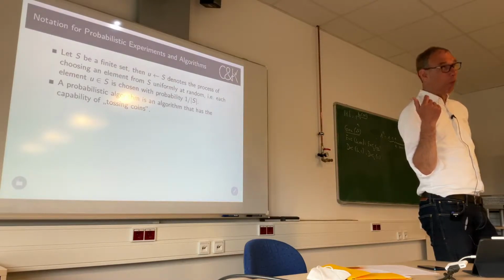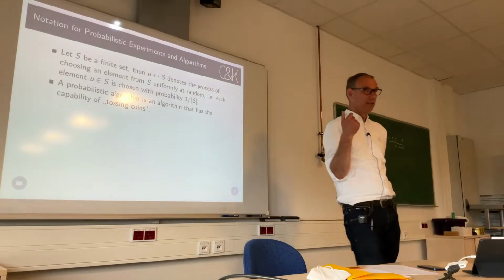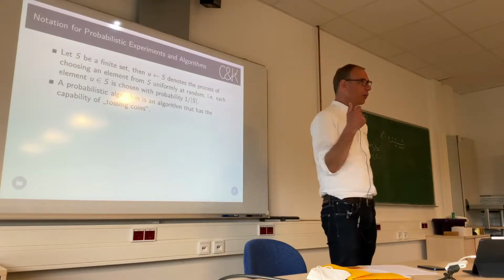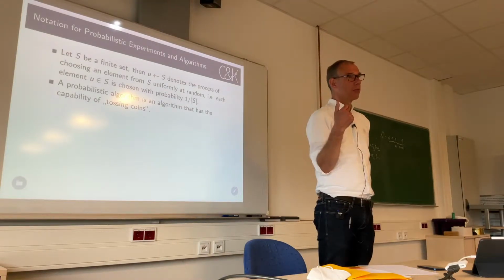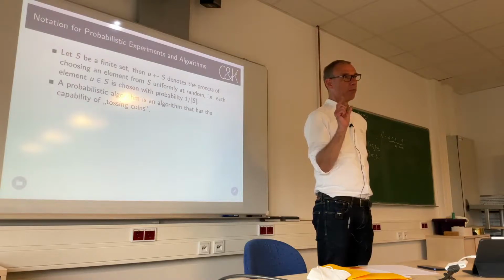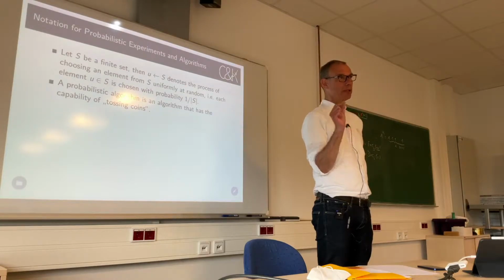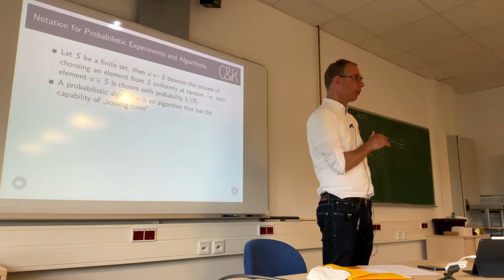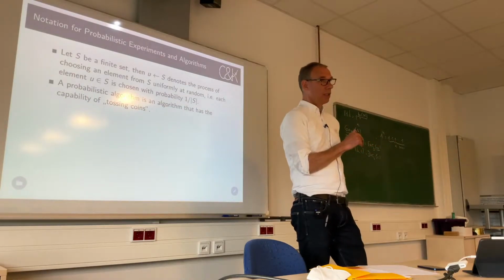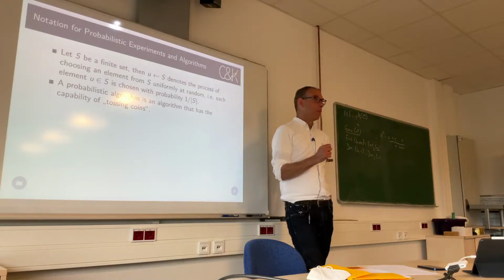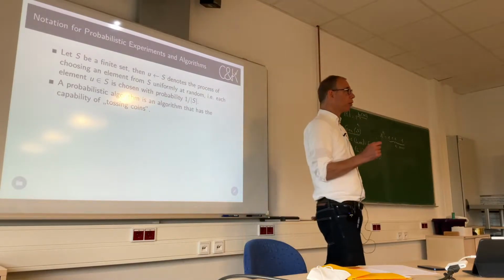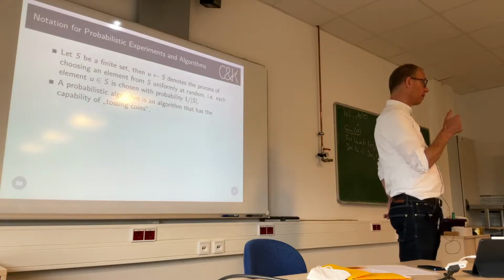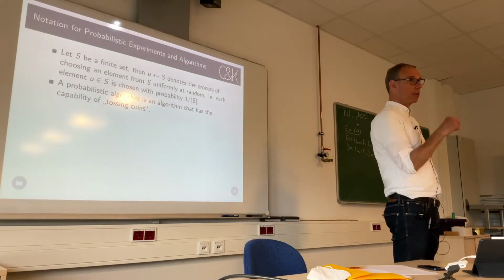In fact, one of my favorite exercises is to choose an element uniformly at random from any finite set. It suffices if you can choose from a 2-element set uniformly at random. That's good enough. Once you can do that, you can pick from any finite set an element uniformly at random. So you need to be able to pick uniform random bits, or toss a fair coin, one that comes up heads or tails with probability 1/2 each.